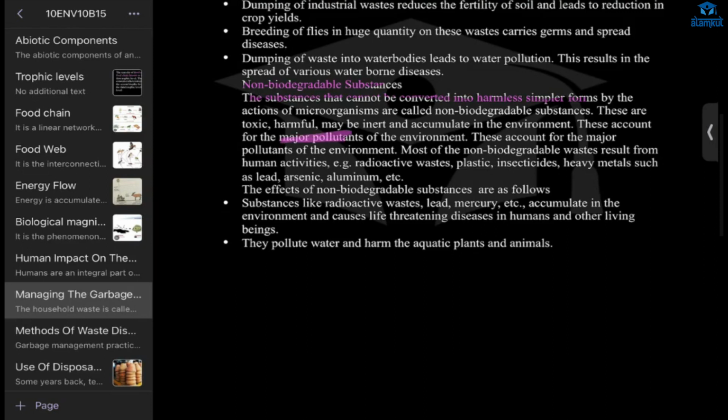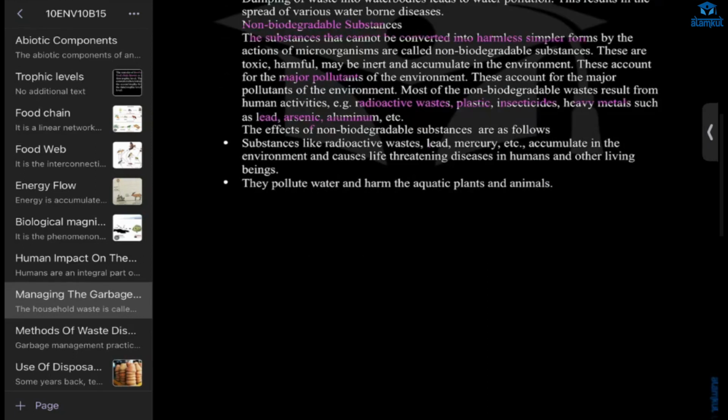They act as major pollutants. Examples are radioactive waste from nuclear plants, plastics, insecticides, and heavy metals such as mercury, lead, arsenic, and aluminum. These get accumulated in the environment and cause many threatening diseases in humans and other living organisms.